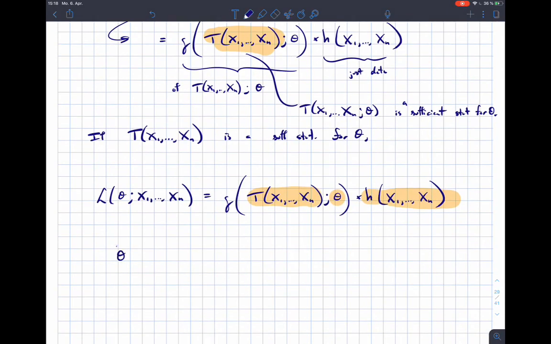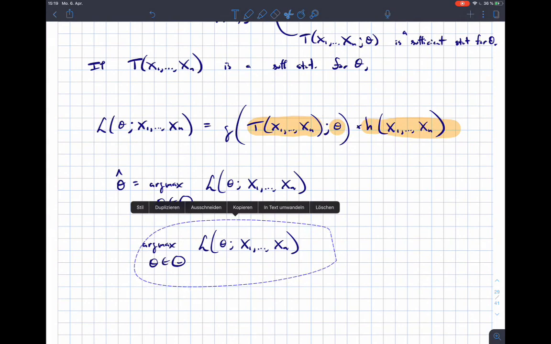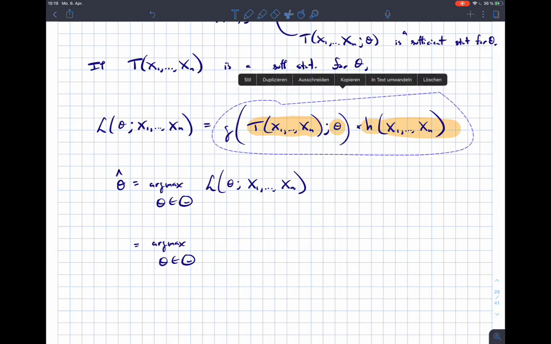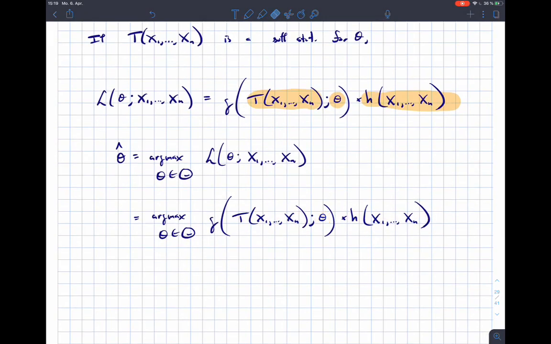Now, if we think about the maximum likelihood estimator being the value of theta in its parameter space, which maximizes the likelihood function, then it's really the value of theta which maximizes this product of functions, and we see here that this part does not involve theta.